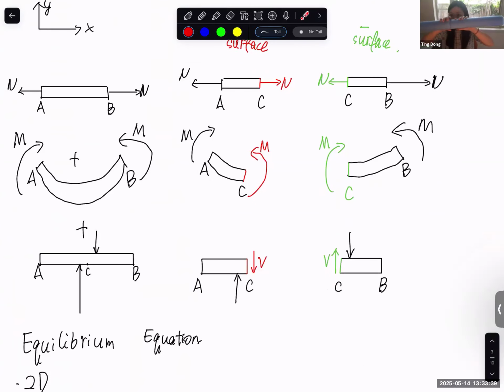So you should expect that on this cutting surface, the positive shear force should be downward. But if I check this surface, the positive shear force on this surface should be upward. Make sense or not?